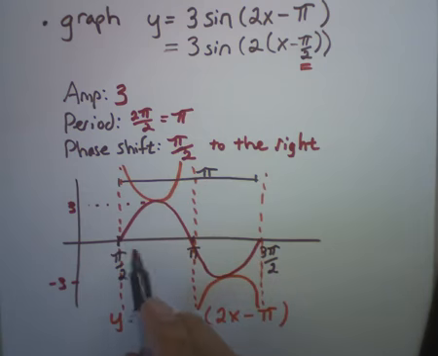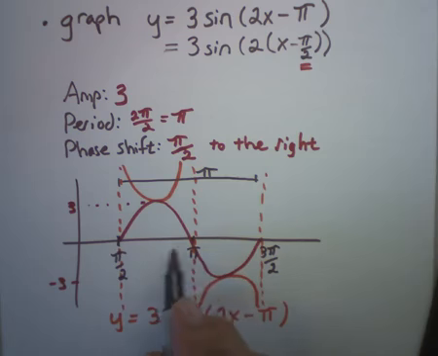In other words, it should have an asymptote everywhere that sine is 0, because cosecant's 1 over sine. So if sine is 0, cosecant is 1 over 0, undefined, asymptotes. So there's your graph of 3 cosecant of 2x minus pi, and we got 2 examples for the price of 1.